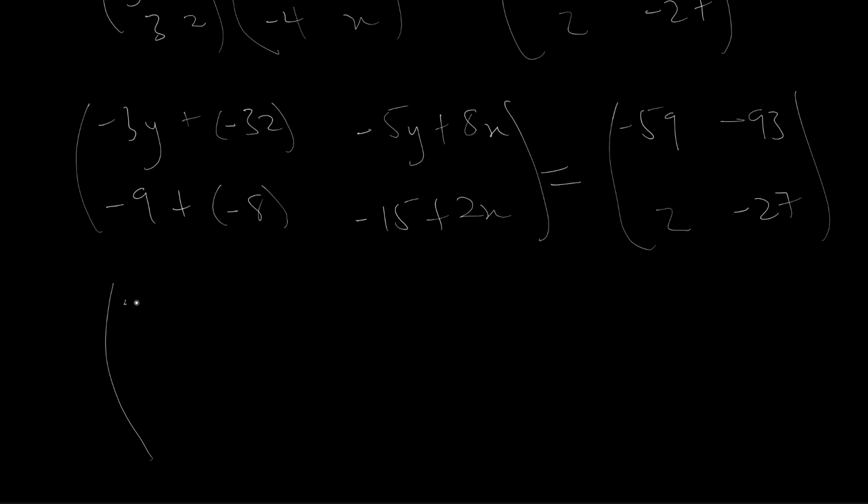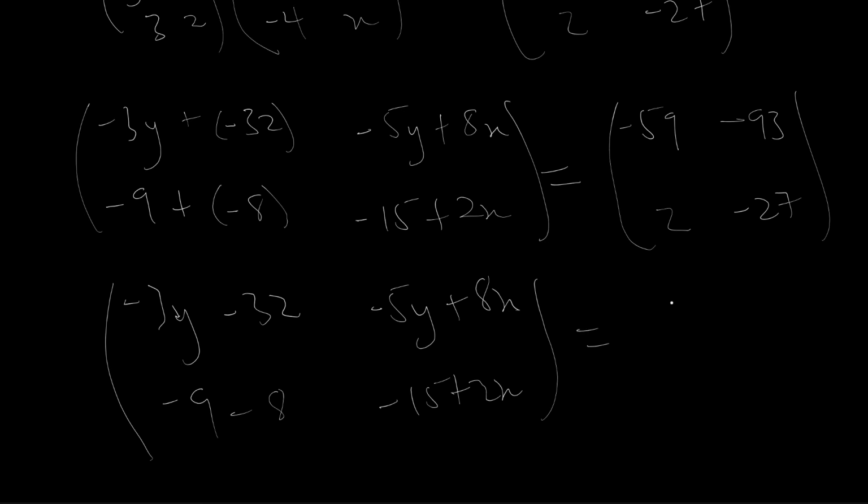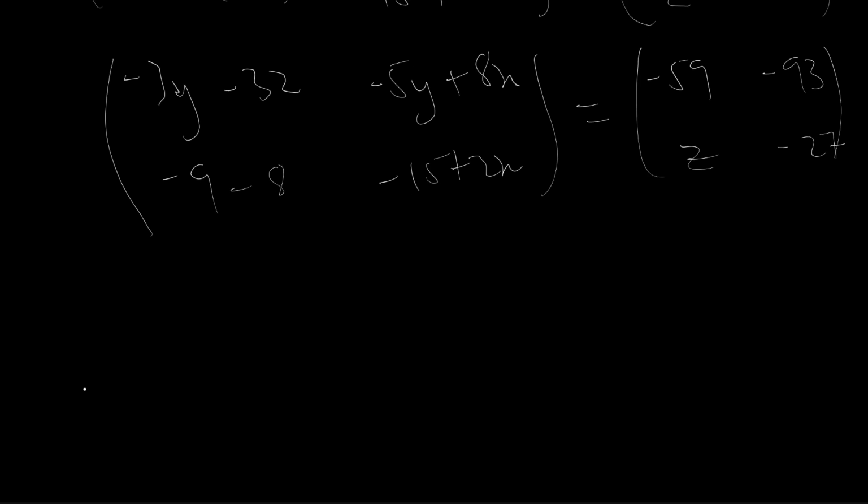Okay, so we have -3y minus 32, -5y plus 8x, -9 minus 8, and -15 plus 2x. All should be equal to [-59 -93; z -27]. -9 minus 8 should give -17.